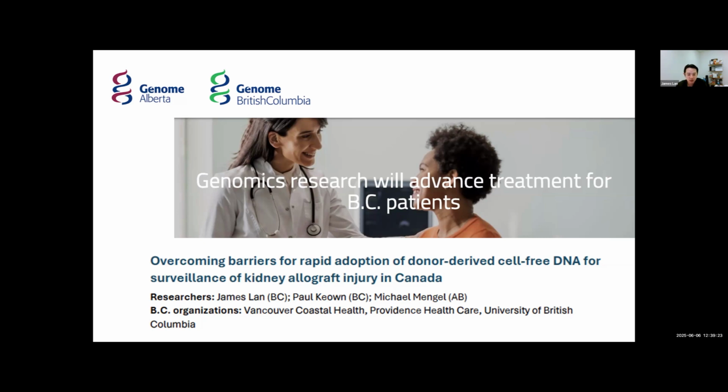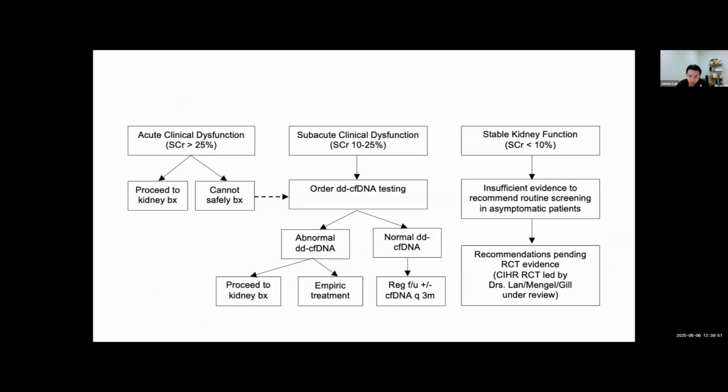Michael Mengel, who is a collaborator in Alberta, and I started talking about this. Then we saw an opportunity to apply to the genomics innovation grant from Genome Alberta and BC. What we're hoping to do is decentralize the cell-free DNA testing and bring that into BC and Alberta as a pilot site for the rest of Canada.